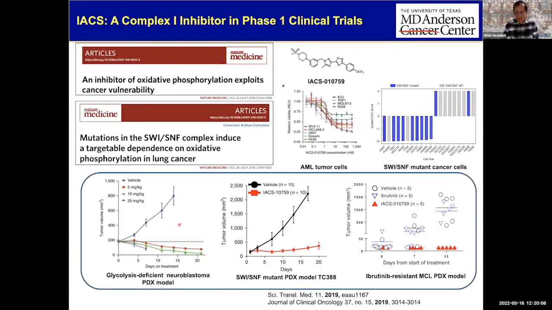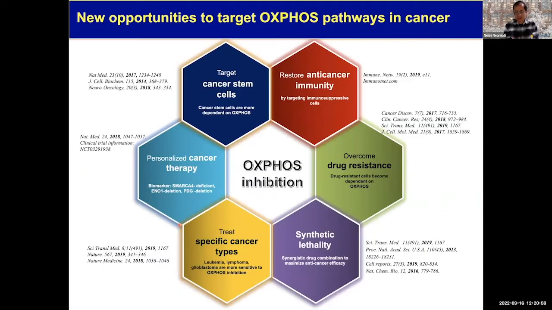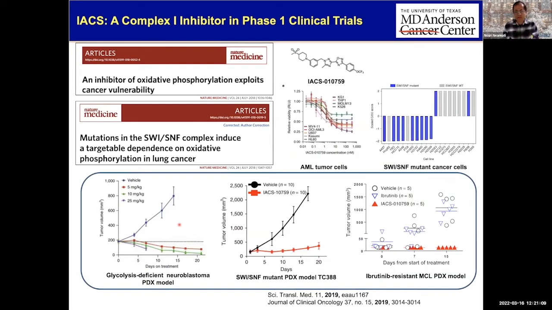And because of this, we are using a synthetic lethal approach to develop inhibitors so that we can combine with OXPHOS inhibitors. So I will show you only one example of a drug right now in phase 1 clinical trial at MD Anderson. If you can see here that the cells that are wild type in SNF, they do not respond.